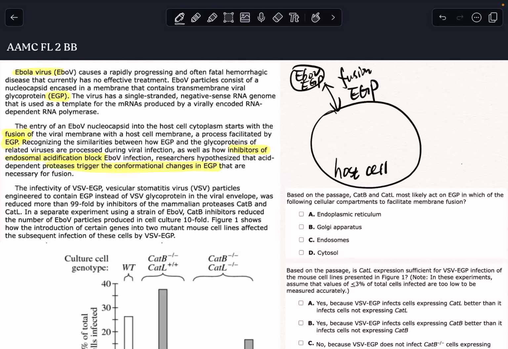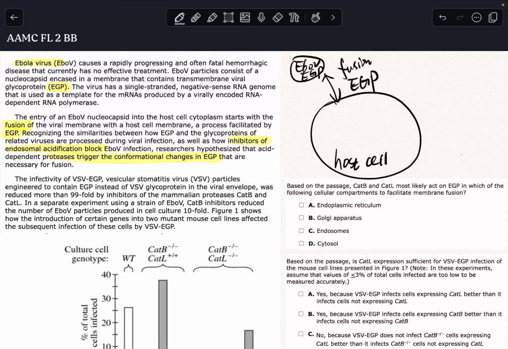We further know that the researchers hypothesized that acid-dependent proteases trigger the conformational change in EGP that is necessary for fusion. So now we know that before EGP helps with the fusion of the membranes, these proteases cause the conformational change of EGP. Then EGP can further help with the fusion of the membranes, right? So the virus can get inside a cell.